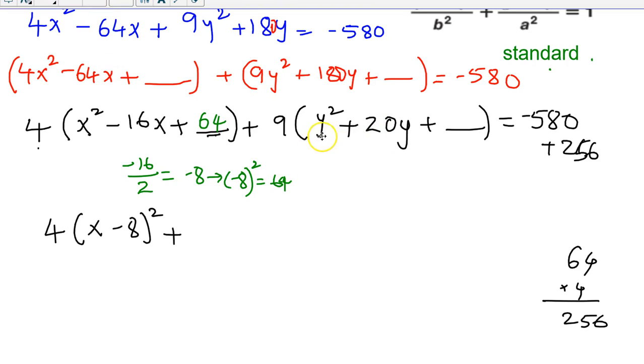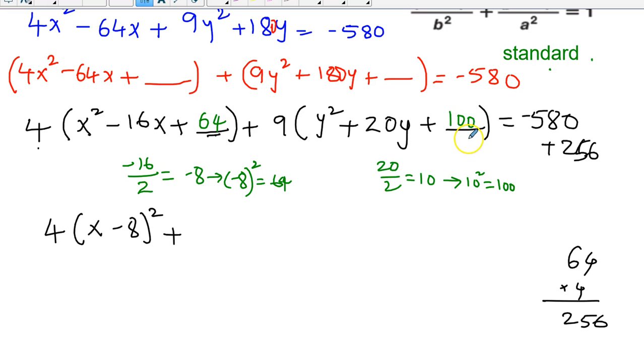Okay, now the second part with reference to the y's. What happens? Y square plus 20y. So I have to divide this 20 by 2 and you get 10. The 10 has to be squared to give you 100. That is, 100 is the missing number here.